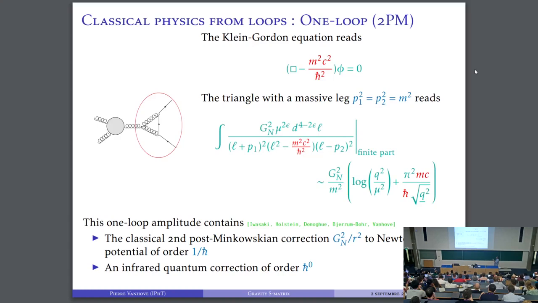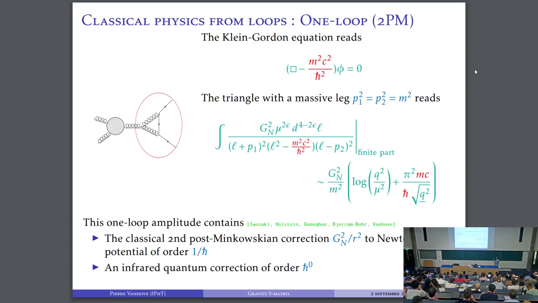But if you remember that in the Klein-Gordon equation, it's the quantum wavelength that comes in, there's h bar here. So if you do a small h bar expansion or a large mass expansion, which is in fact very similar because you have a small energy transfer, then the finite piece of that triangle contains a piece that is M C over square root of Q square, 1 over h bar, and a piece that is a log Q square over mu square, which is the infrared part.